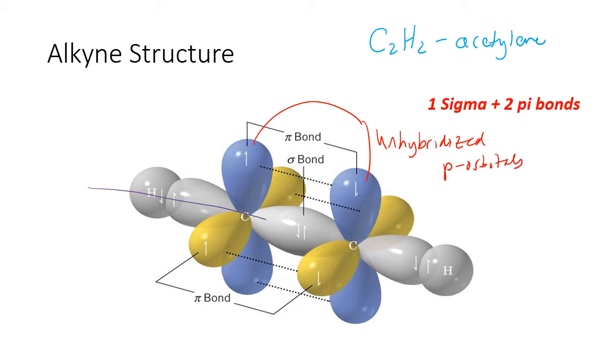Here's our internuclear axis running through, and we have 2 unhybridized p orbitals on each of our carbon atoms. So there's a set there, and another set here and here. That's where we get our 2 pi bonds from, the sideways overlap of our unhybridized p orbitals.